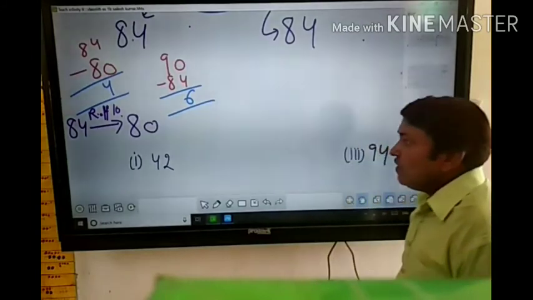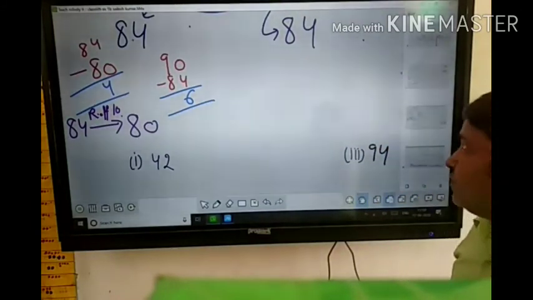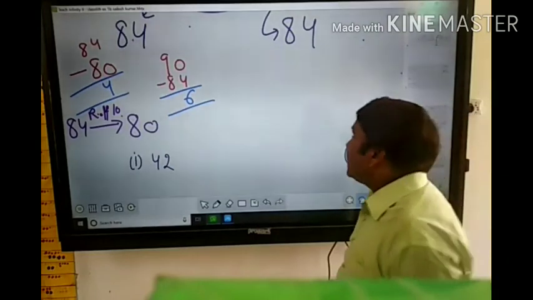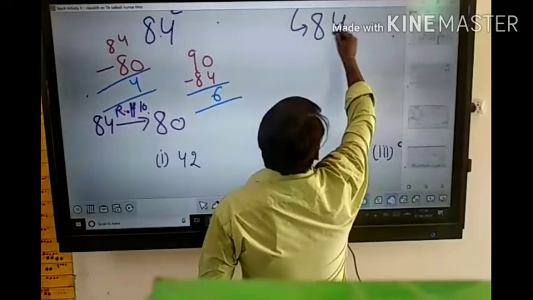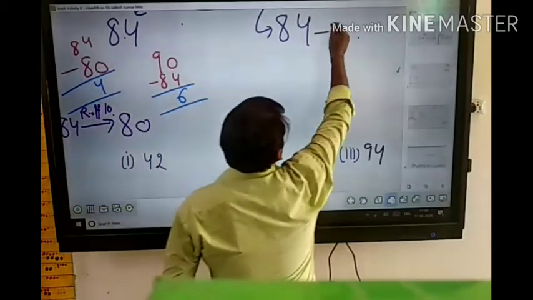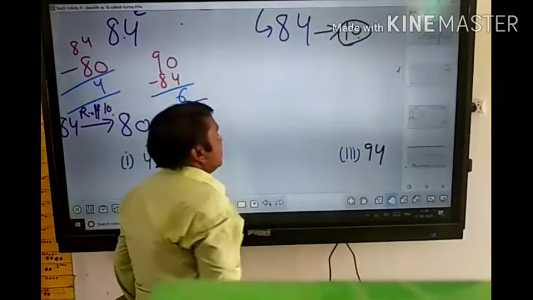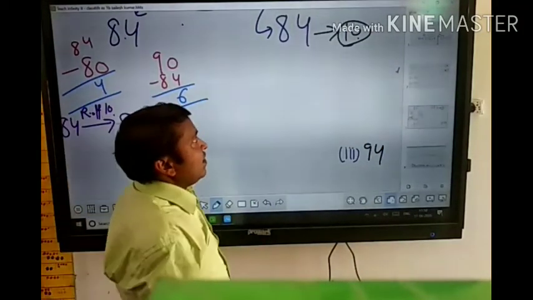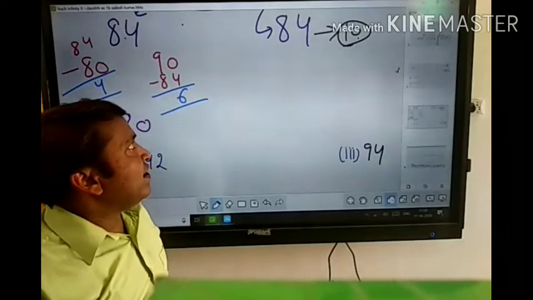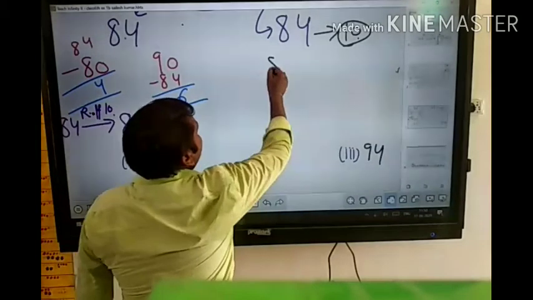Now I will take another approach to round off 84 to the nearest 10. When I am going to round off to the nearest 10, I will have to see its unit digit.